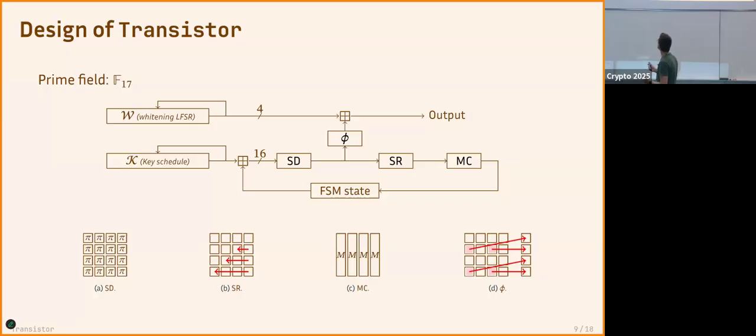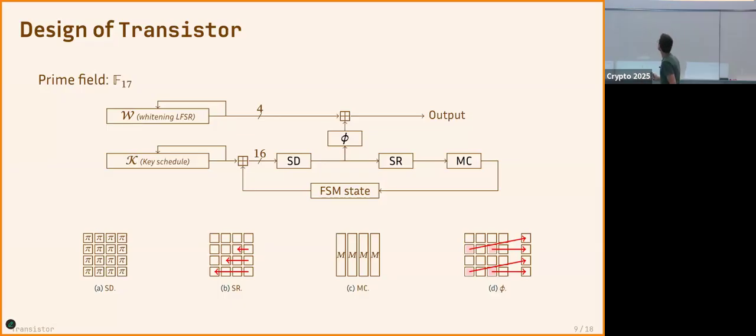It goes through AES-like transformations, a bit like in Rijndael, if you're familiar with it. So you have a layer of S-boxes, a shift rows, a mix columns. And then the key is introduced at this point, where you have a feedback register, an LFSR, that generates round keys and that gets absorbed in the state.